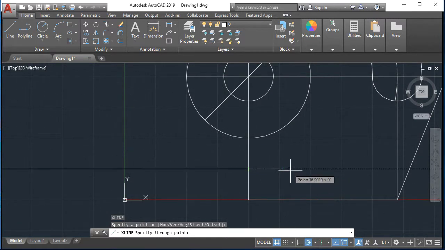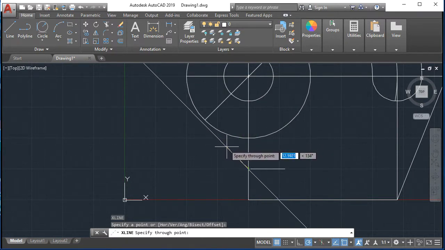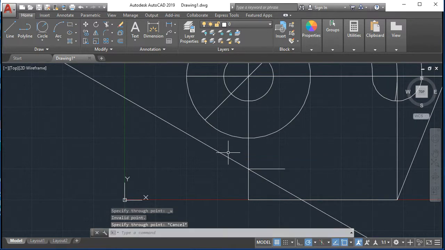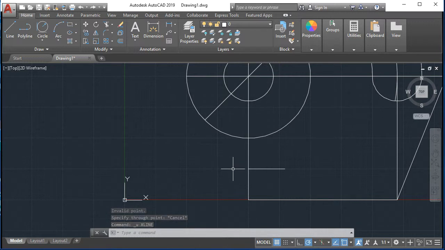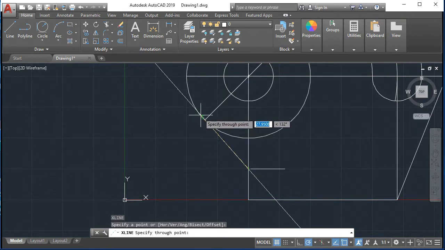This is 0, 10 distance with 135 degrees. So 135 is excess distance, it exceeds more than we require. Then I am taking one X line from this point. It will touch here at a tangential point.